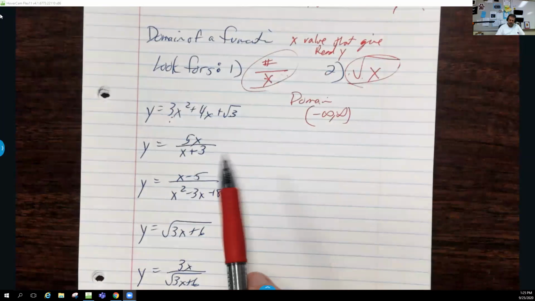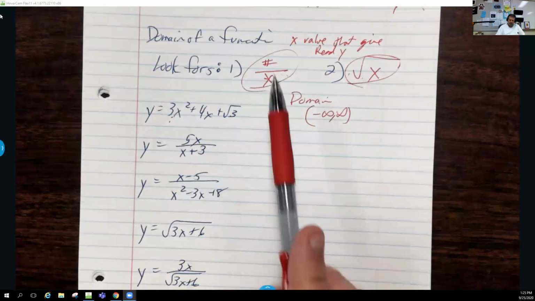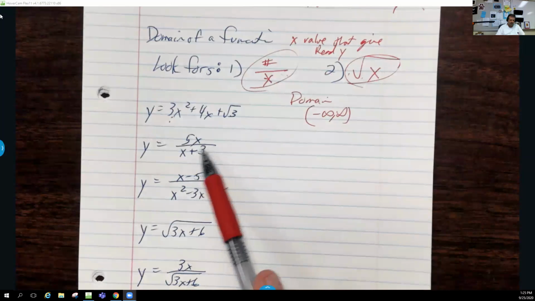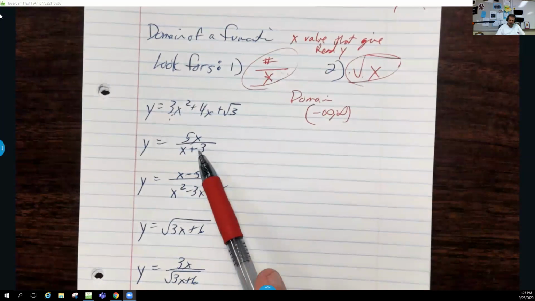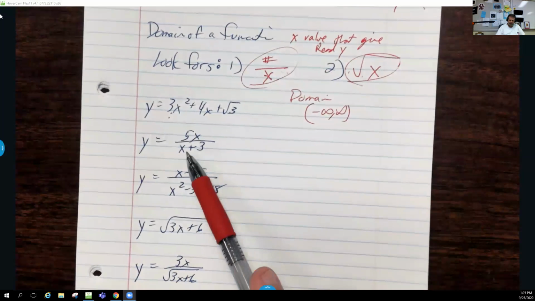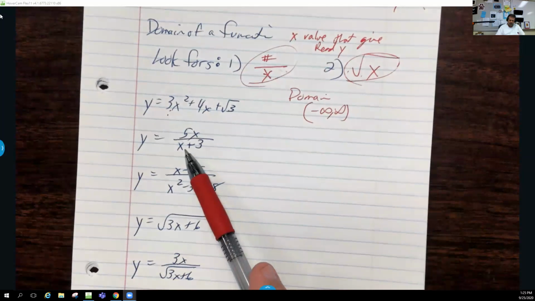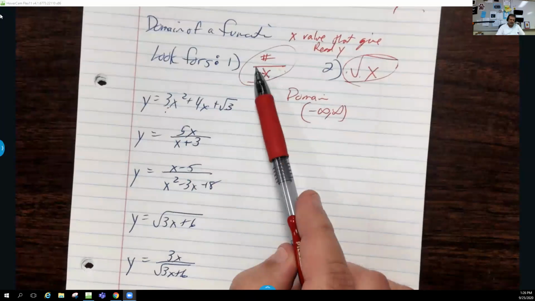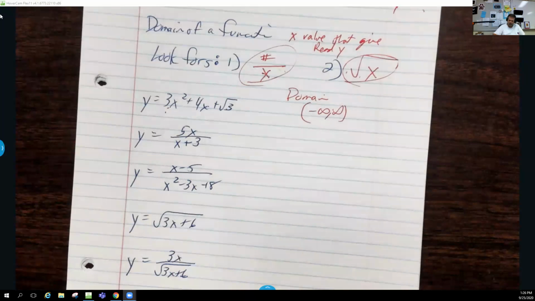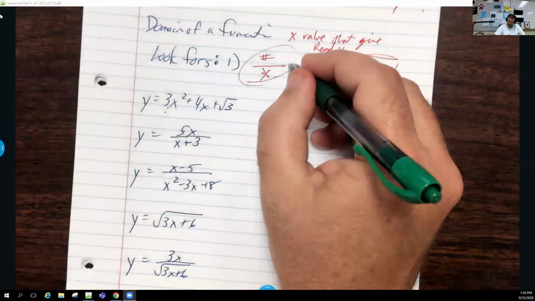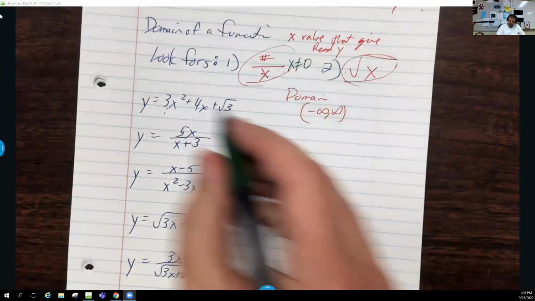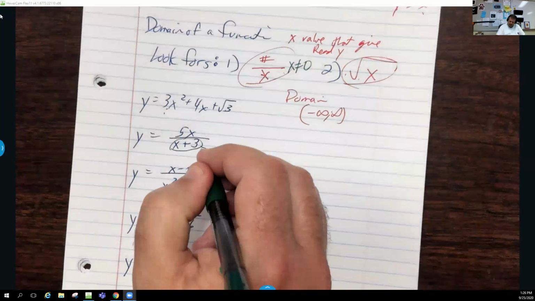Okay, so let's look at the next one. Remember my look-fors. There's no square root in 5x over x plus 3. Okay, but there is an x on the bottom. Correct? So the key here is this. What makes this an issue? Well, remember, in this case, the bottom can never equal 0. So this piece right here cannot equal 0.